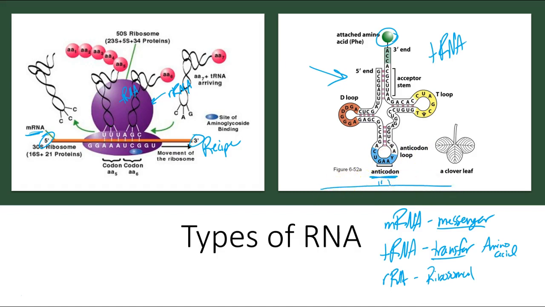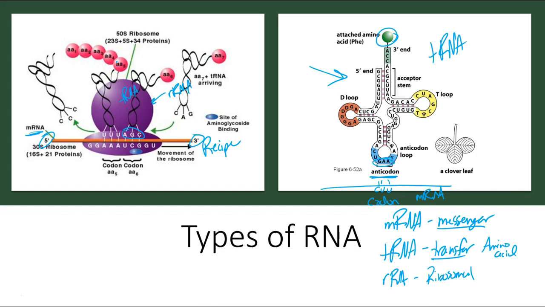The codon in this case would be CUU. This would be the anticodon, GAA. This would be the codon on our mRNA strand, CUU. The CUU is going to bond using hydrogen bonds to our anticodon. That's what actually links the tRNA to the mRNA to produce the protein.